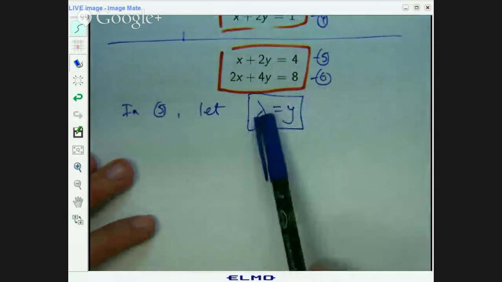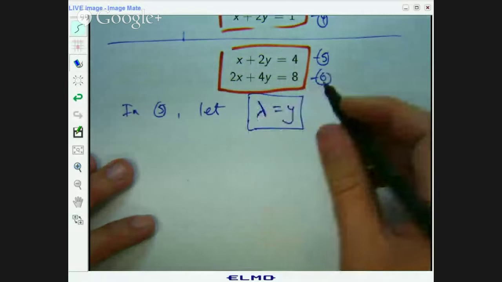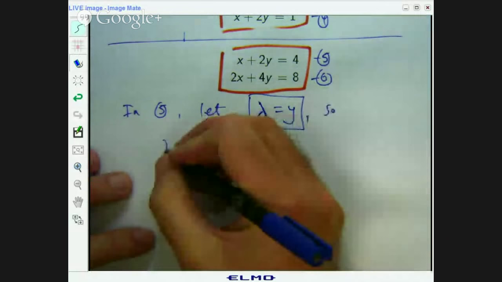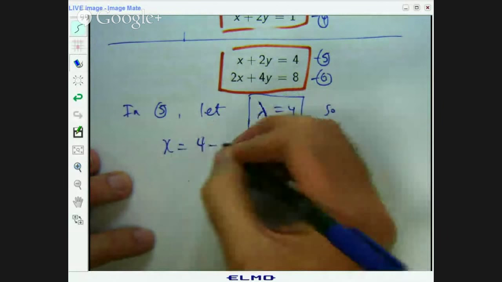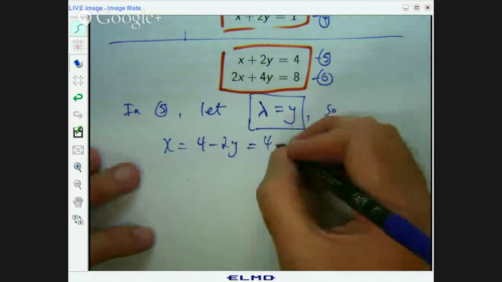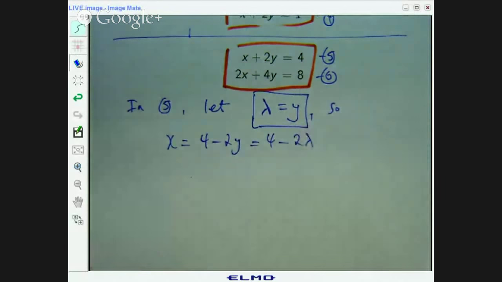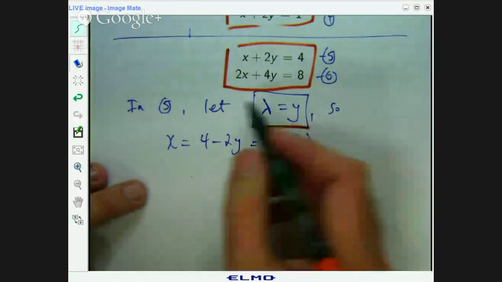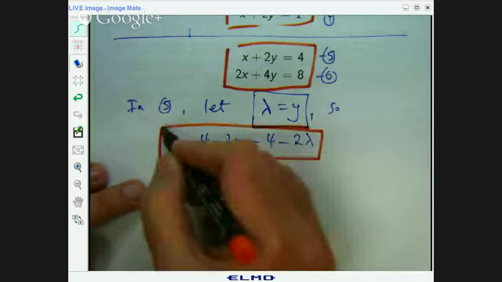Sometimes people use mu here. Then you rearrange to make x the subject, so x equals 4 minus 2y. Let's replace y with lambda, so you've got y and x in terms of lambda.